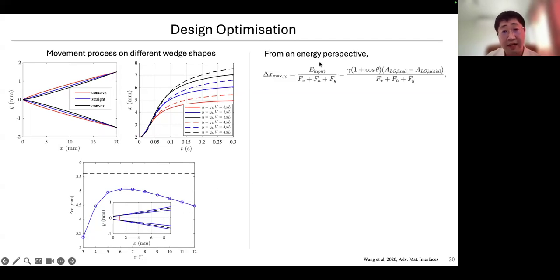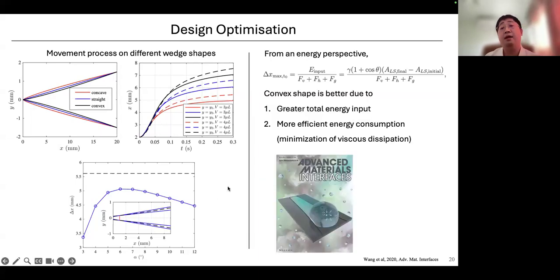We can also analyze this from an energy perspective. So how much total input energy we have, what is the total energy dissipation, in order to optimize the shape of the wedge such that we can enhance the movement of the droplet. So overall, greater total energy input can be achieved in a convex shape.